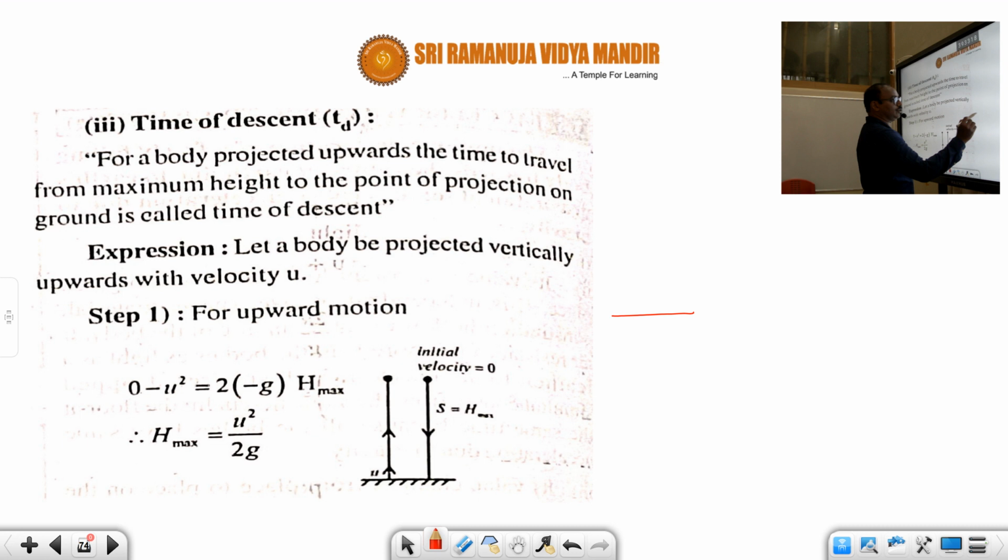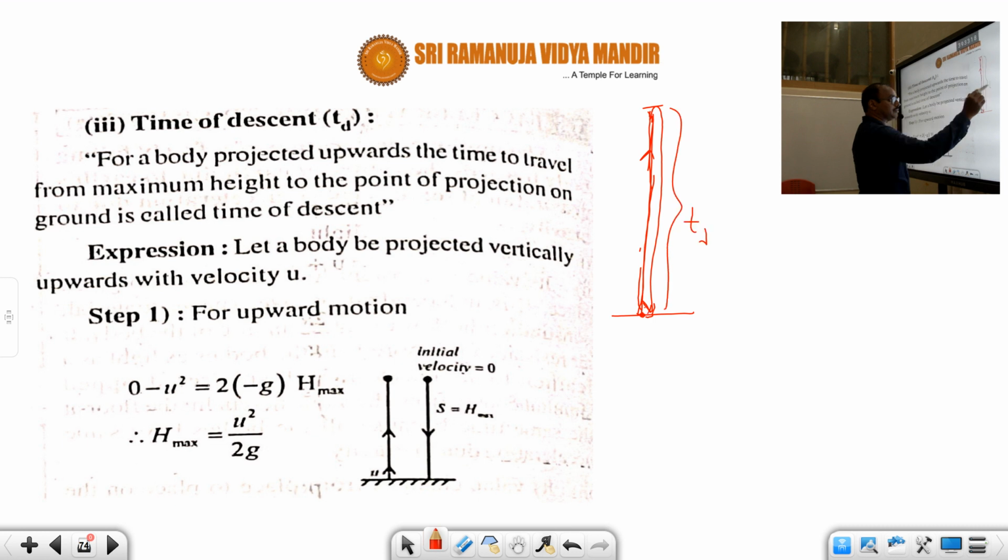For our explanation convenience, we are making a small curve here and coming like this, but actually it will go along the same direction and come back along the same direction. So this curve is taken for explanation convenience. Understood that? So the time of descent is nothing but the time taken to reach the point of projection from the maximum height.